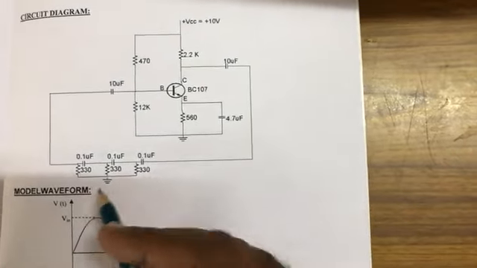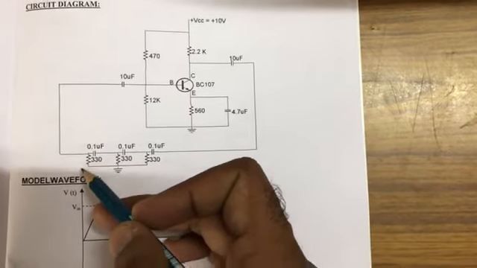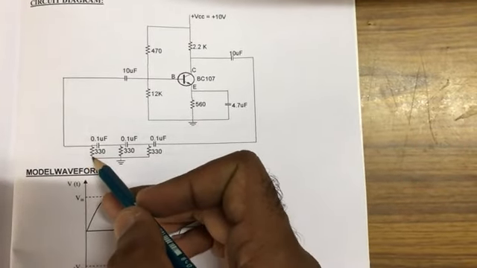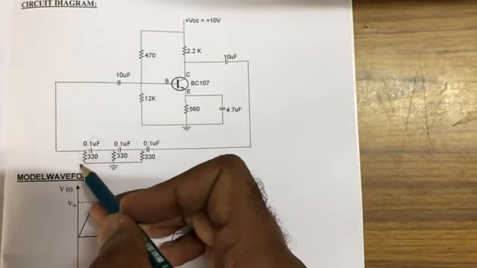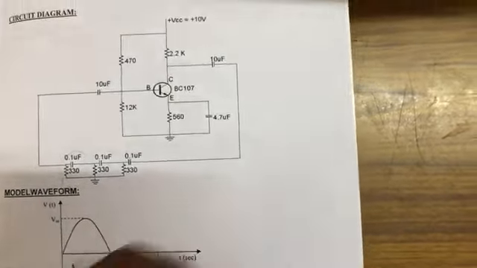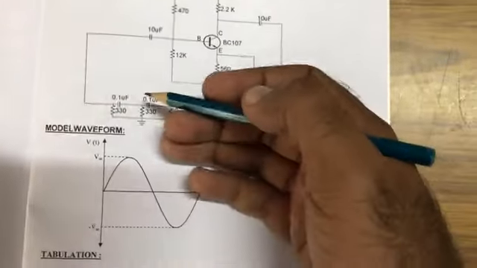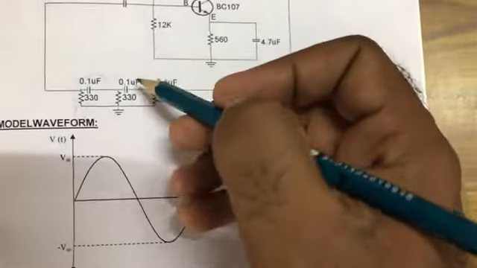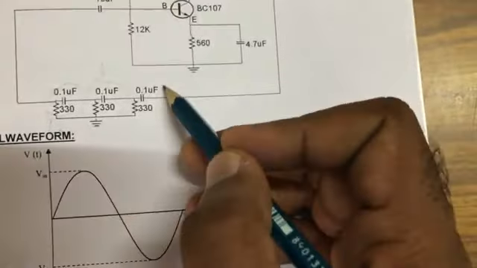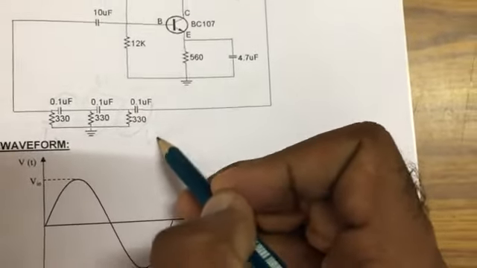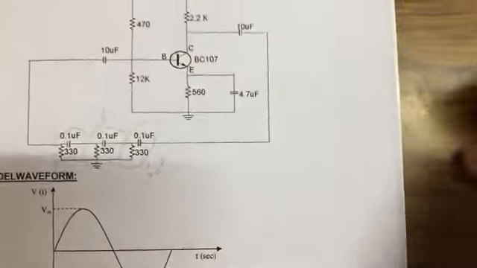Here we are using 3 RC networks, one RC network of 330 ohm and 0.1 microfarad. It produces a 60-degree phase shift, and another RC network produces another 60-degree phase shift. Another will produce another 60-degree phase shift, right?